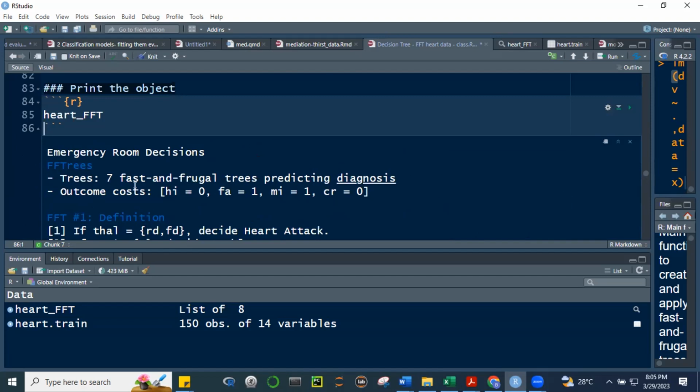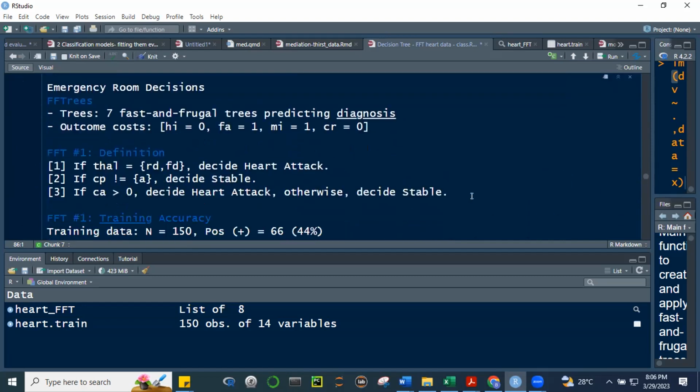It created 7 fast and frugal trees predicting diagnosis. Then we have outcome cost, and these metrics. We'll go back to this because we'll explain what hit, FA, MI, and CR are. Let's go here first.